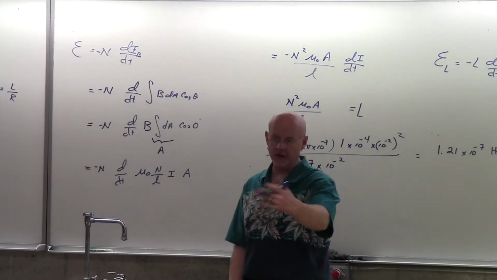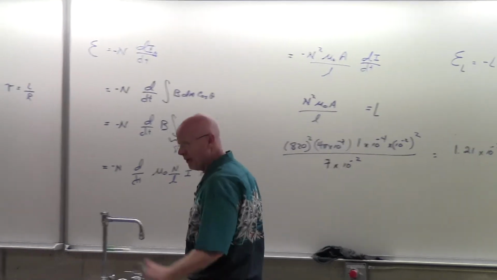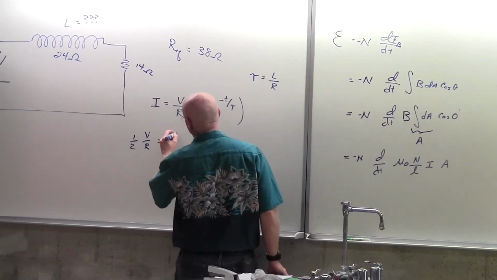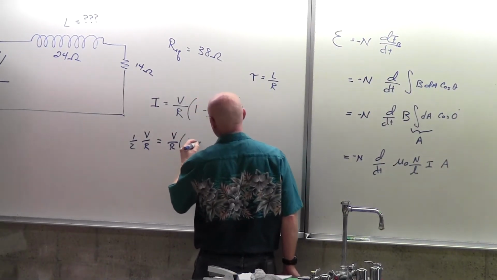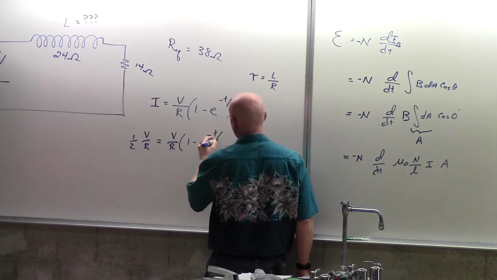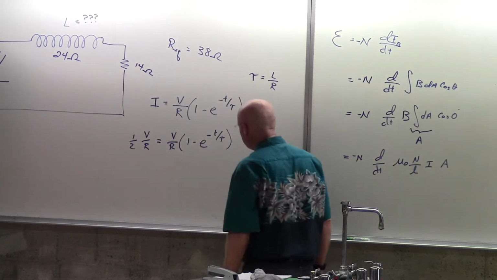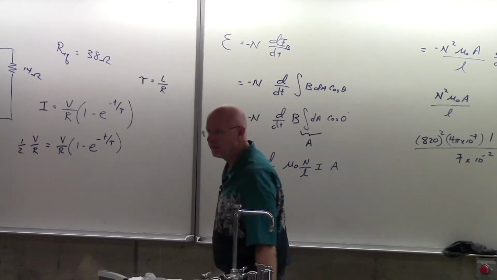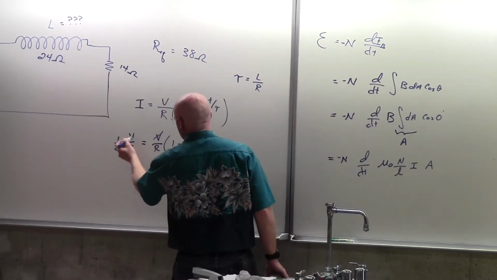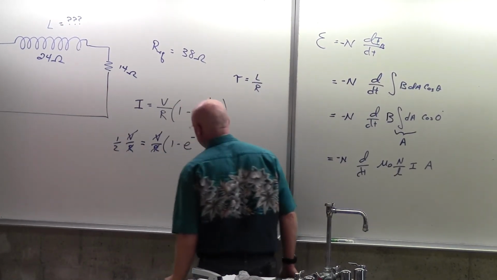Of course, we also know V and R, so we could actually do a number, but I'm going to avoid putting in a number just because I notice on the other side of the equation there is a V over R. And so V's cancel and R's cancel.